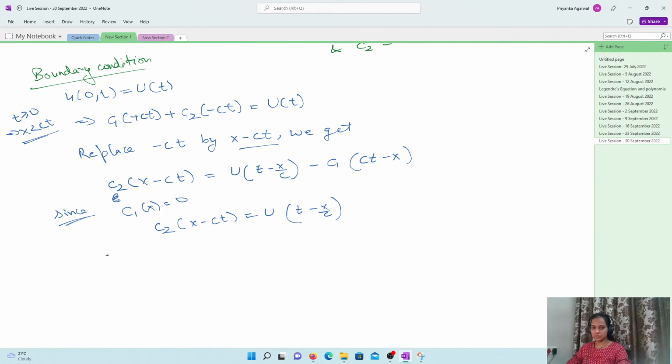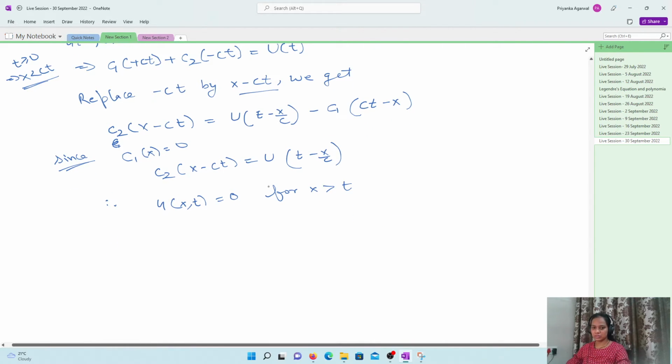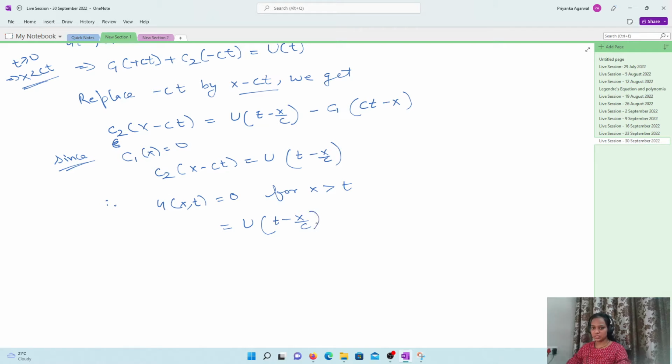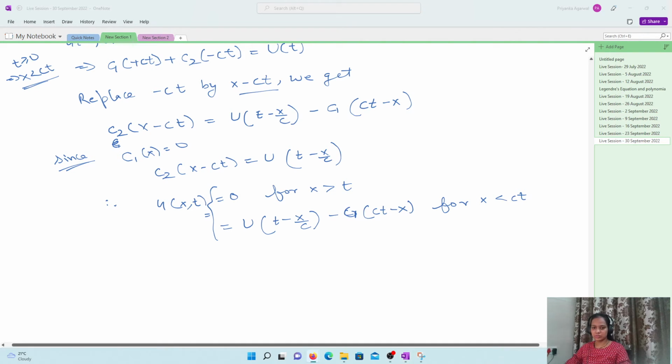Okay. And therefore we have u(x,t) equals 0 for x greater than ct, and it is equal to u of t minus x by c minus c1 of ct minus x for x less than ct, and therefore we have u(x,t) can be written as u of t minus x by c times a Heaviside function.